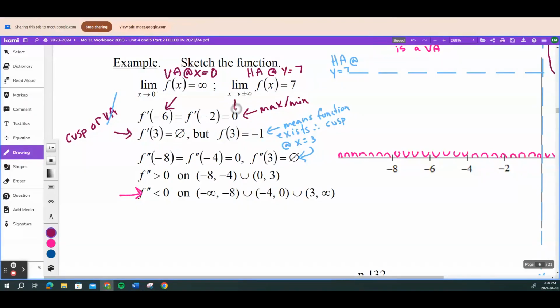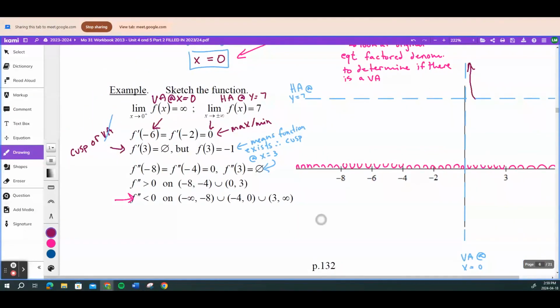So at -6, we know we have a max or a min. We're not told the exact y value of this, and we're not told about any x-intercepts, essentially. So as of right now, it's hard to say what y value our max or min has, right?